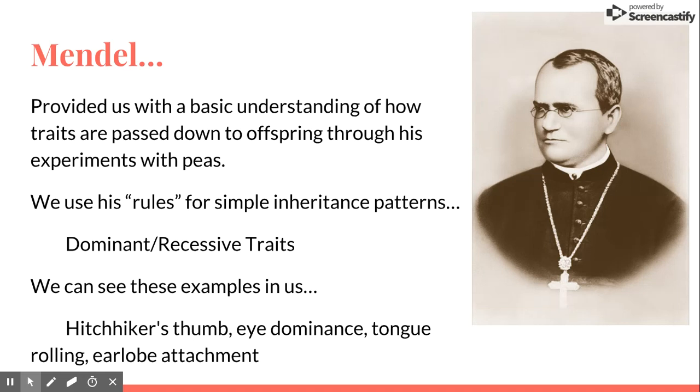Some examples of classic Mendelian traits in humans would be things like hitchhiker's thumb, eye dominance, tongue rolling, and earlobe attachment. Some of these we are starting to uncover have more genes that interact with them, and some other things can affect them. But some basic traits are what we are looking at.